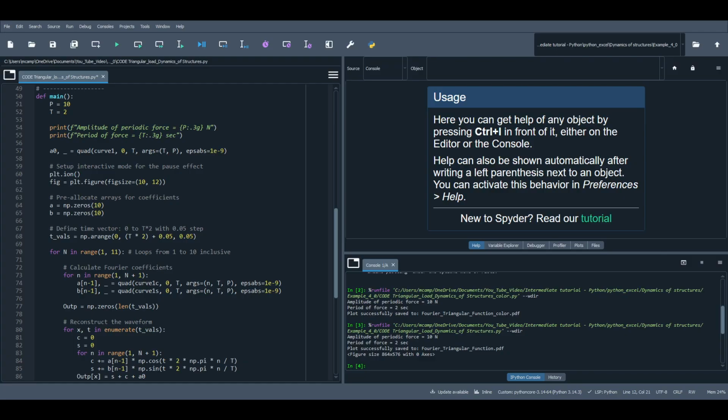So in line 74, integrate curve1c to find the n cosine coefficient and store it in array An. Bn, in line 75, integrate curve1s to find the n sine coefficient and store it in array Bn.